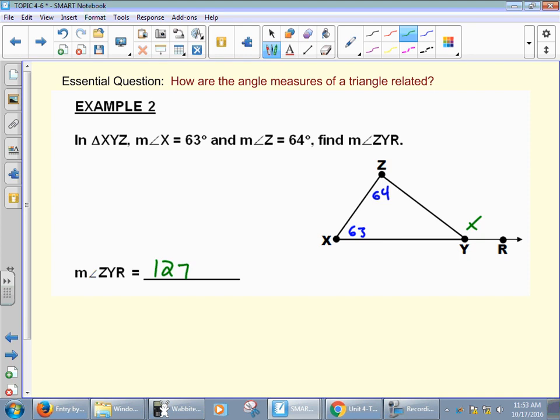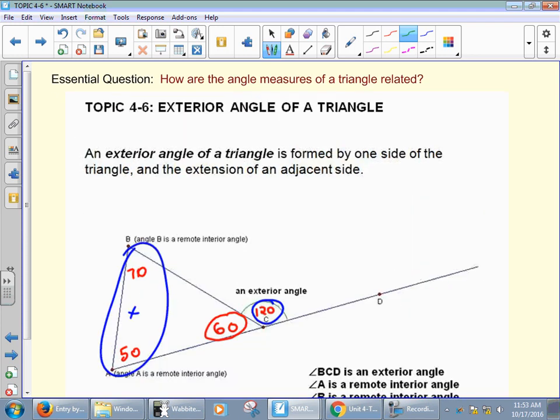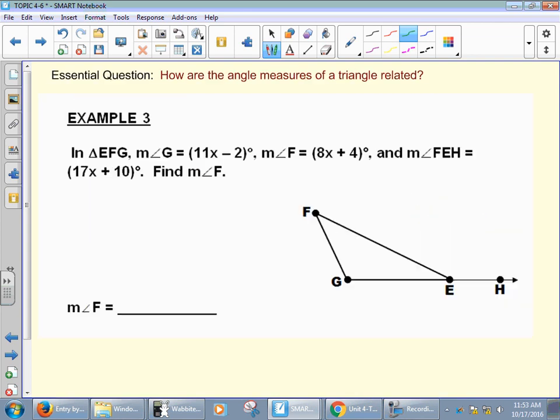Okay, if they wanted to know the inside, this would be an X instead of an R. So always check that because you can't just say angle Y because there's two angle Ys. There's an interior angle Y and an exterior angle Y. Okay, and someone in an earlier class asked, what is this D out here? That D is simply there for you to be able to name that angle.